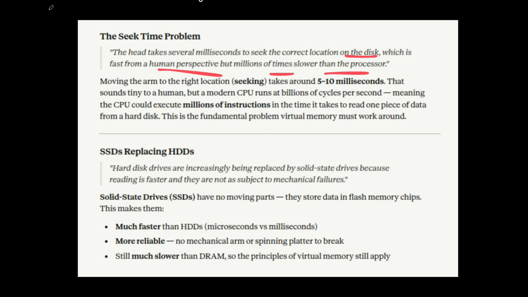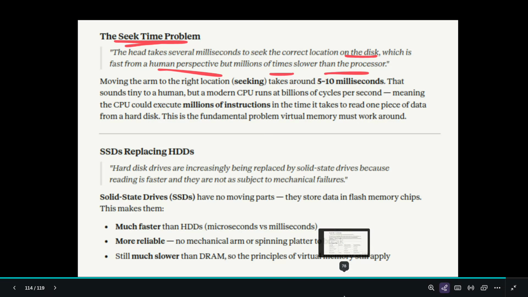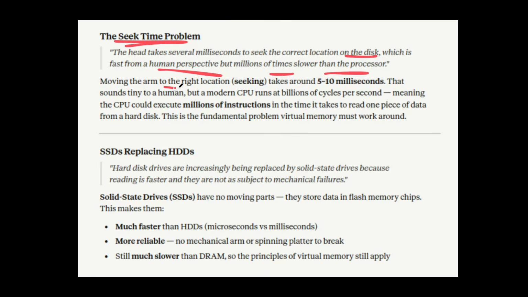Seek time means our head has to move to a particular correct location. So it takes some milliseconds to seek to that correct location, right? So moving this arm to the right location is called seeking, which takes around 5 to 10 milliseconds.